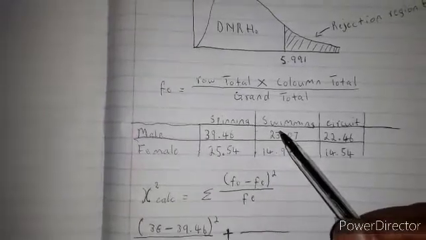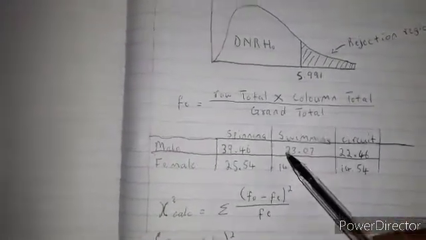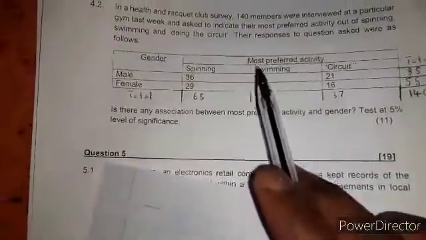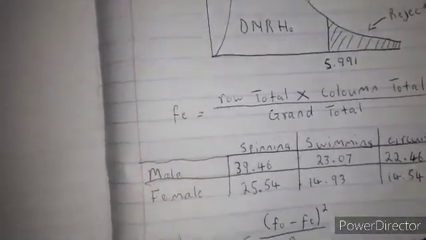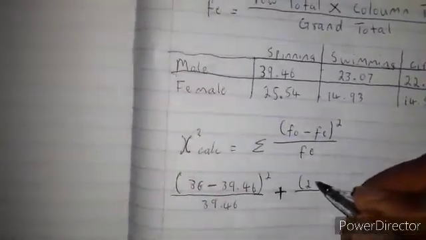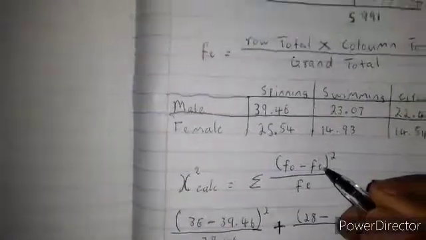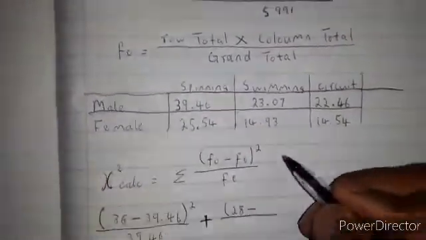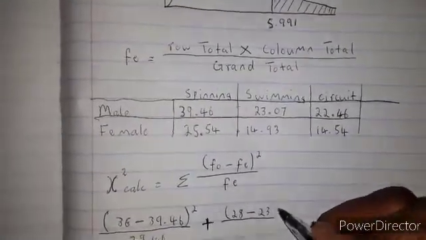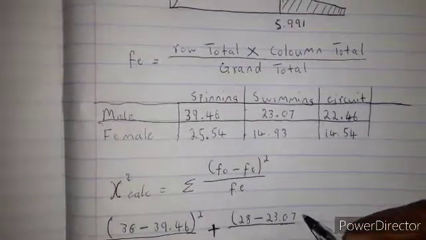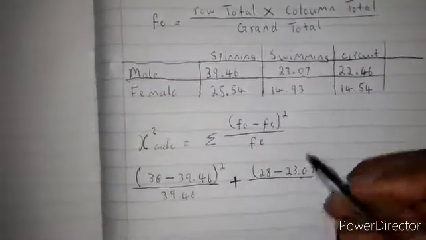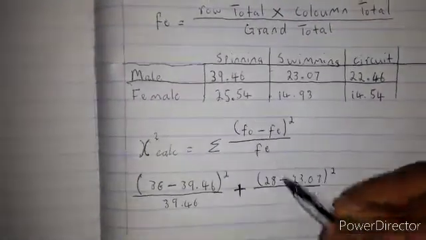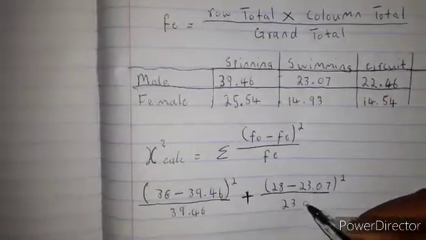The observed frequency of swimming in the male row is 28. So the observed frequency is 28 minus the expected frequency, which is 23,07, all squared, divided by 23,07.